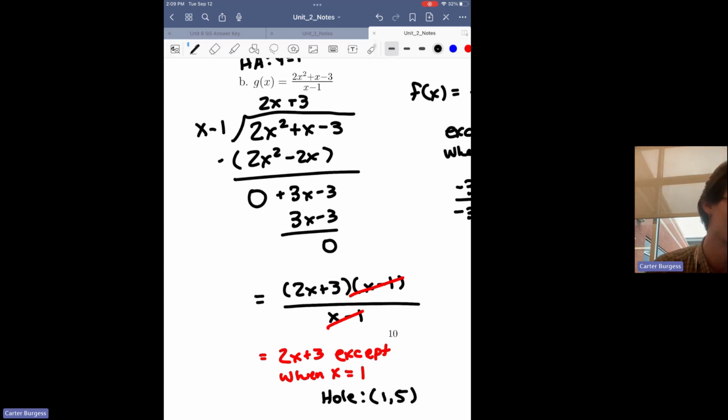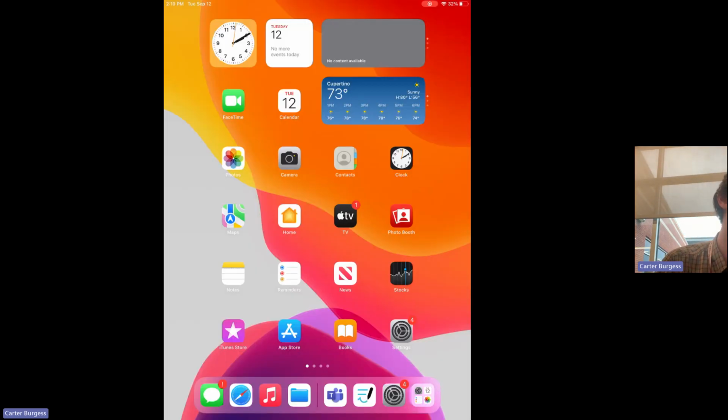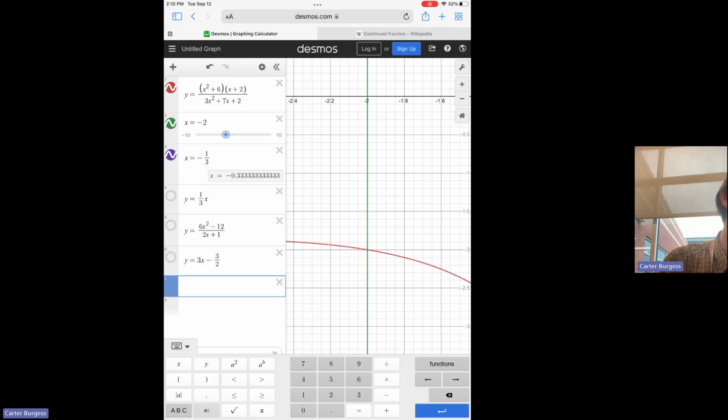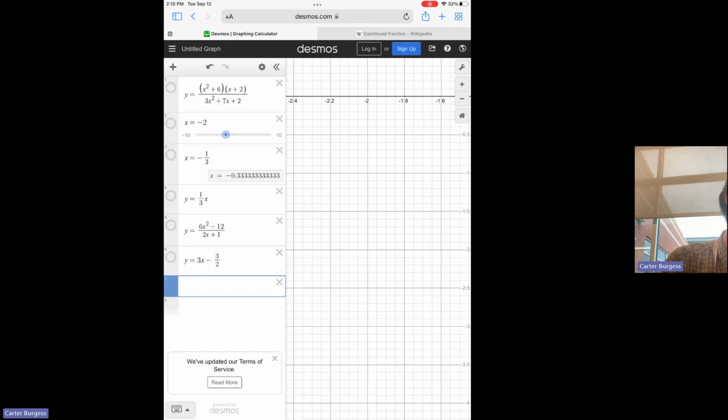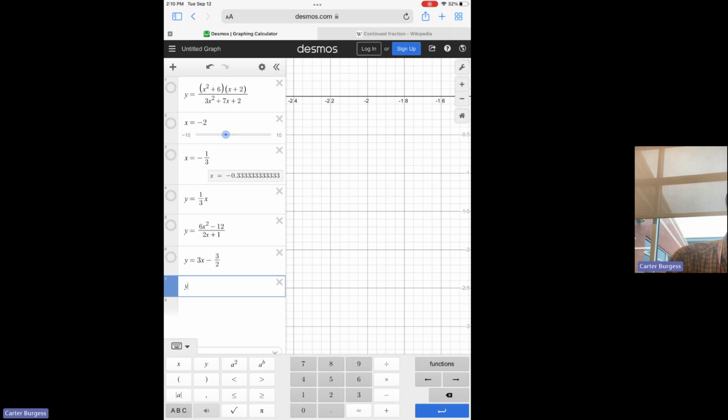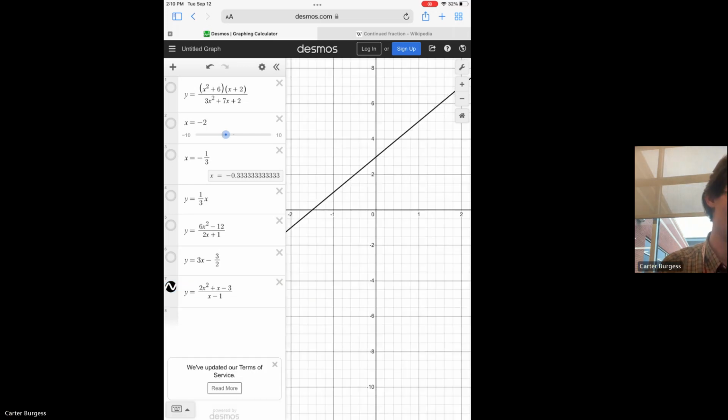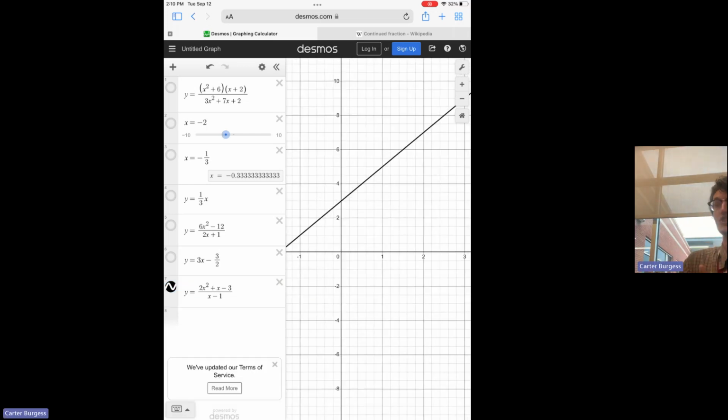It would literally look like, if I plug in to my graph y is equal to 2x squared plus x minus 3 over x minus 1, we very literally do just get a line.